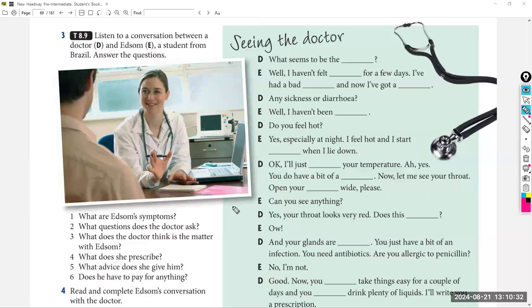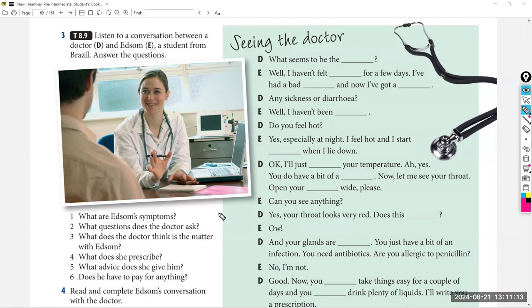At the doctor's. What seems to be the problem? Well, I haven't felt well for a few days. I've had a bad headache, and now I've got a sore throat. Any sickness or diarrhea? Well, I haven't been sick. Do you feel hot? Yes, especially at night. I feel hot and I start coughing when I lie down. Okay, I'll just take your temperature. Yes, you do have a bit of a fever. Now, let me see your throat.